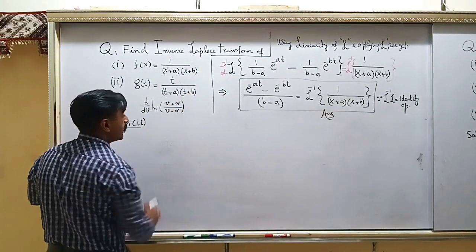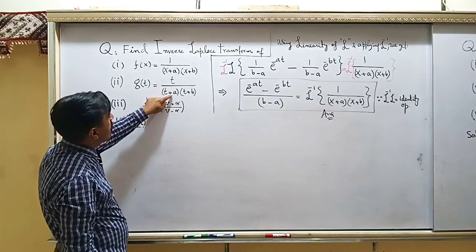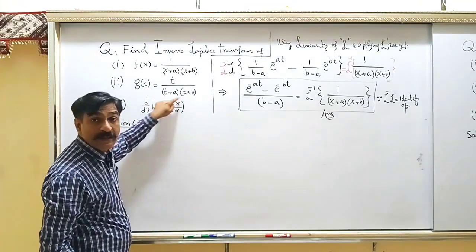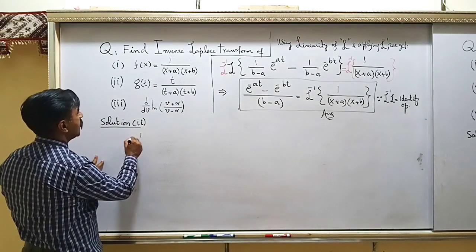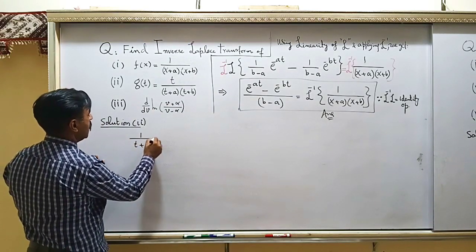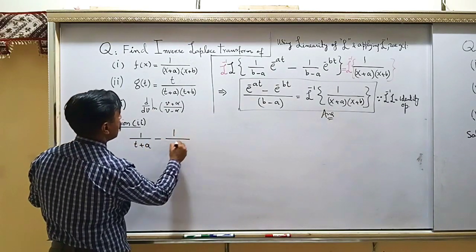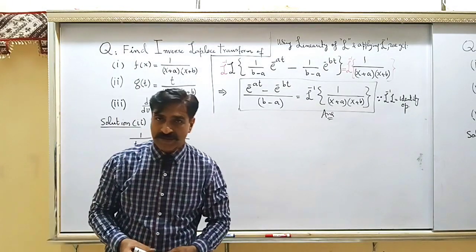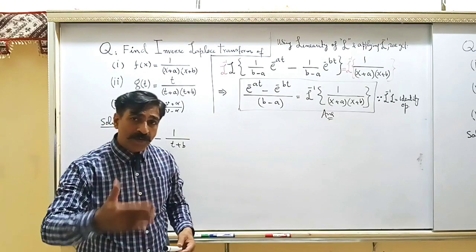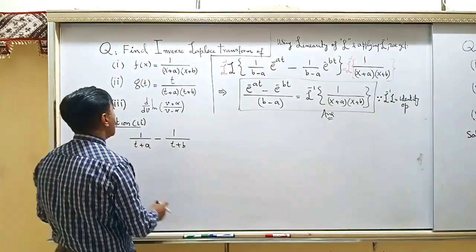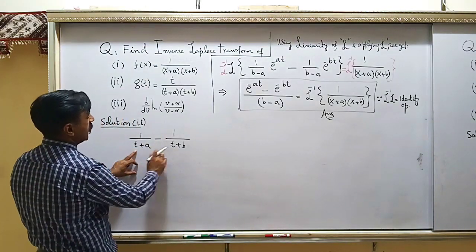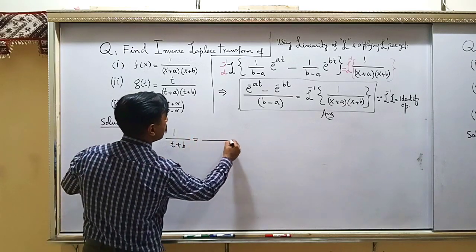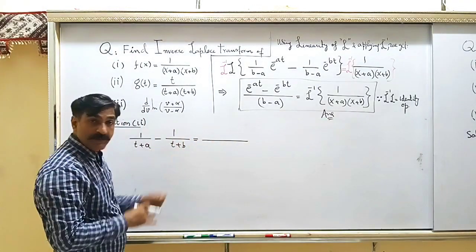Let's do this. And what is the method? Imagine that these denominators are separately written like this, 1 over t plus a, and put a minus sign, and 1 over t plus b. This is the very speedy way of finding the partial fractions instead of following the routine procedure. Now take its LCM as I did in question number 1.